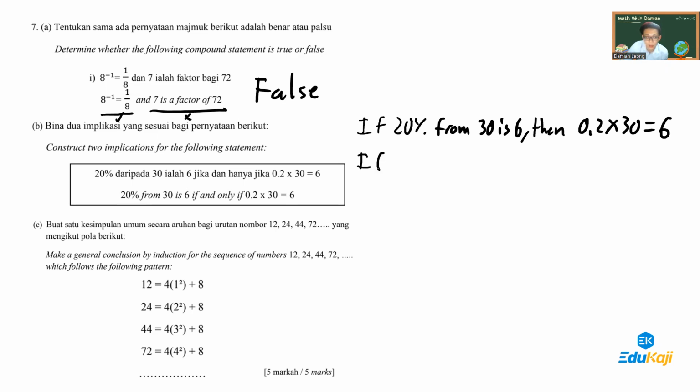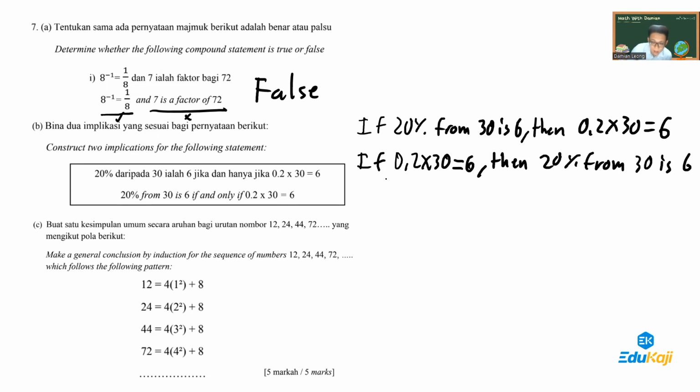The other one, the opposite way. If 0.2 times 30 equals 6, then 20% of 30 is 6. That's it.